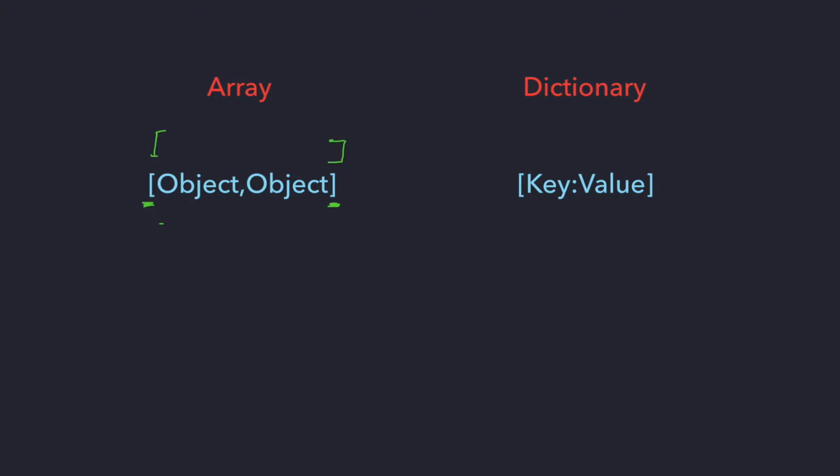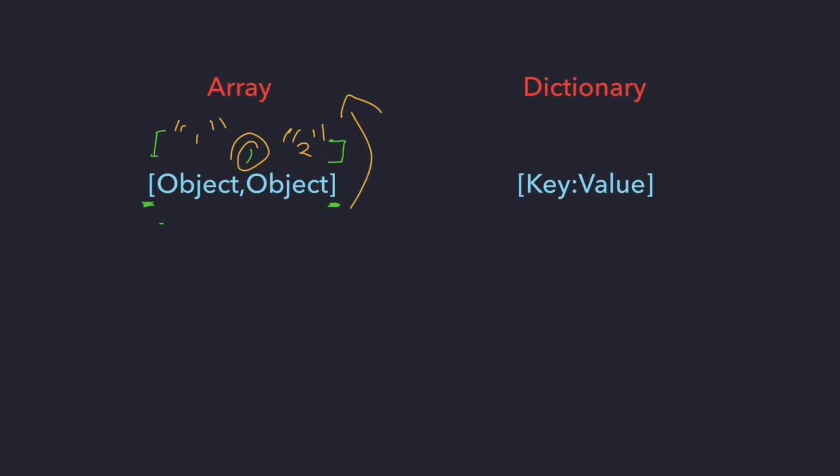And inside of those brackets, you are separating your items by a comma. You can have an array of numbers. You can have an array of characters or strings. Sky's the limit. You can have an array for whatever you want.